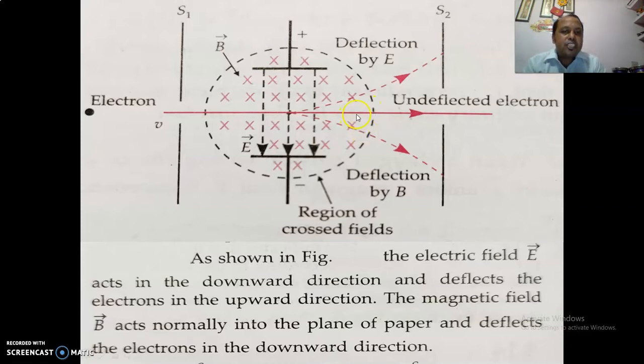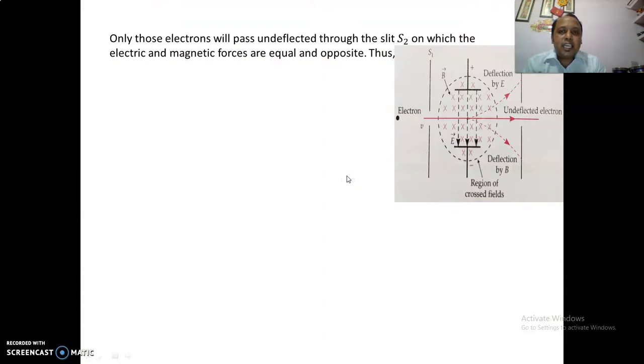The force experienced by the charged particle due to the perpendicular magnetic field is qvB sin 90, that is qvB, and the value of q is -e. So for an electron to move without any deviation, these two forces should be equal, that is eE should be equal to evB. This is the force due to the electric field and this is the force due to the magnetic field.